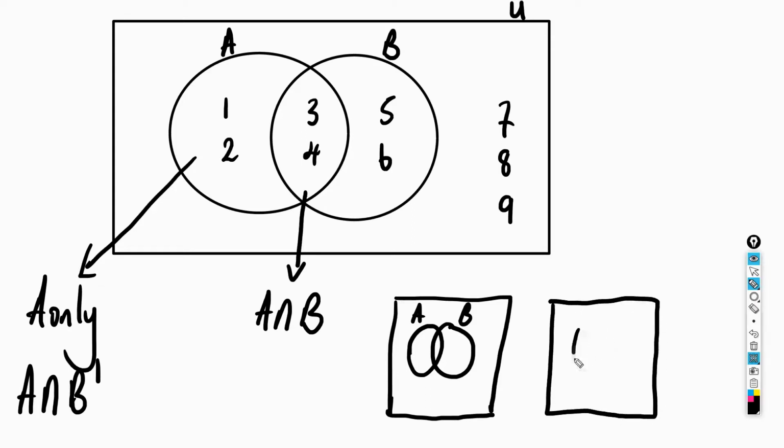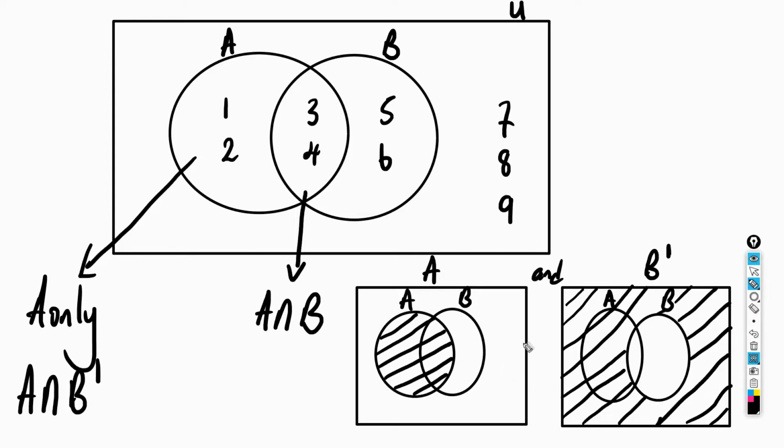A and B, but we're only looking at B prime. All right, guys, great. So this A and B prime, what I've done here is I've drawn the two Venn diagrams. This one represents A, so as you see, A is shaded, and this one represents B prime, which is everything outside of B.